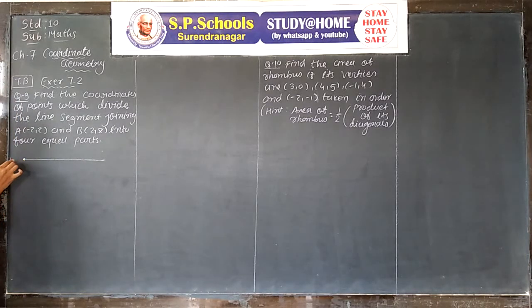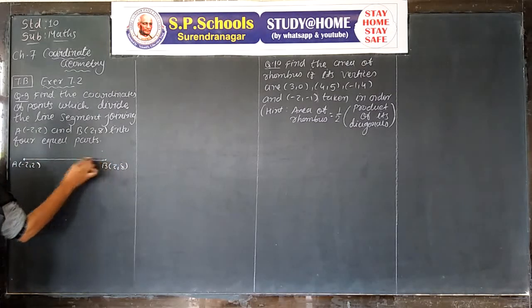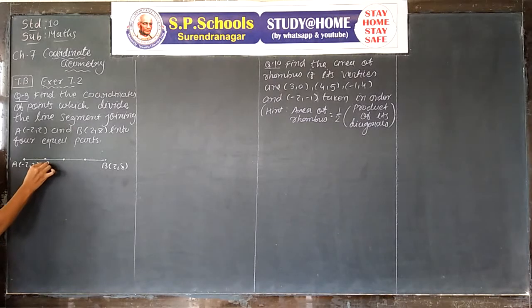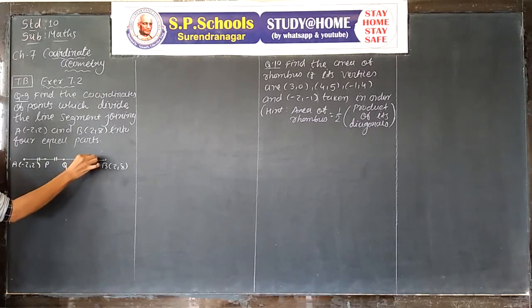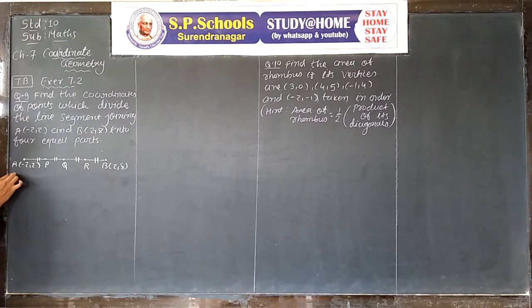First we draw a line segment A(-2, 2), B(2, 8). The points divide the line segment into 4 equal parts. We require 3 points. Let's take P, Q and R. The 3 points divide line segment AB into 4 equal parts.